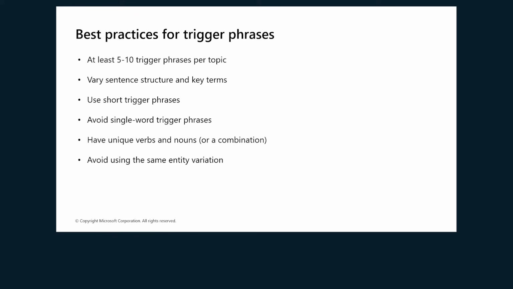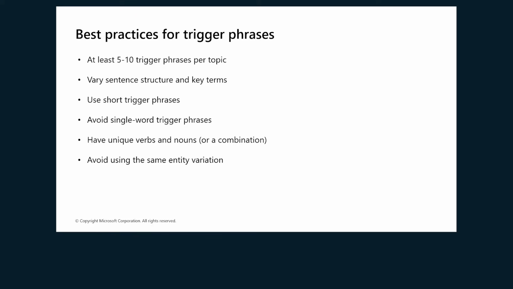Third, use short trigger phrases. Keep them snappy and to the point, making it easier for users to quickly grasp the message. Fourth, avoid single-word trigger phrases. They often lack context. Fifth, incorporate unique verbs and nouns, or a combination of both.